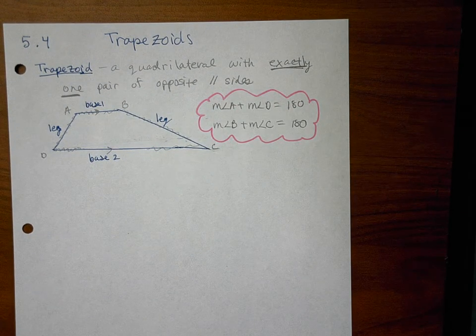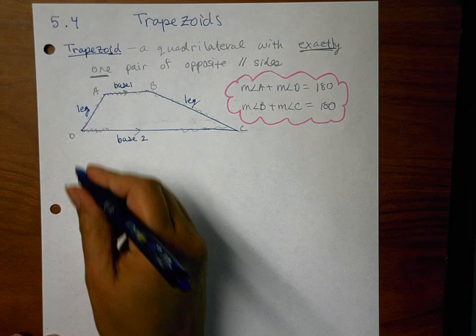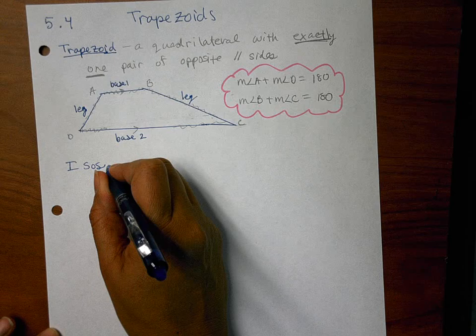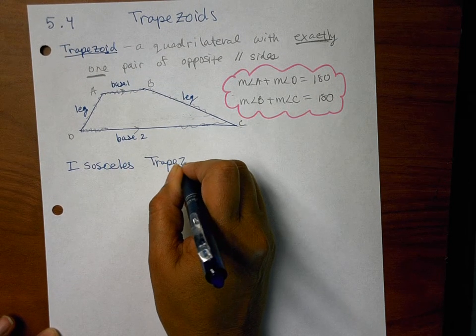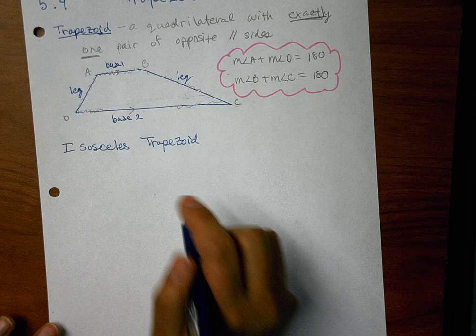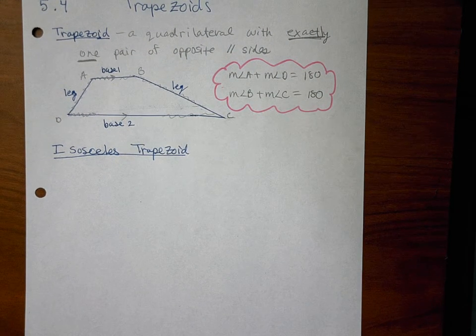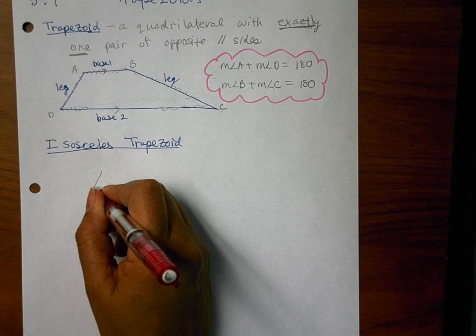All right. We are going to talk about a different type of trapezoid, a special type. It is called an isosceles trapezoid. All right, and this is a trapezoid, which is a quadrilateral with exactly one pair of opposite parallel sides.